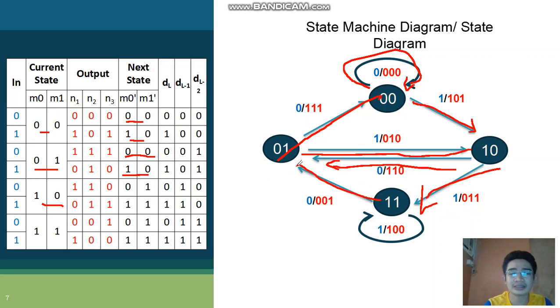And 1 1 will go back to 1 1 as its next state. Therefore, this is now the state diagram. The blue indicates the input and the red indicates the outputs. We must label it so that we can easily identify the output of the given current state and the next state. Let's proceed.